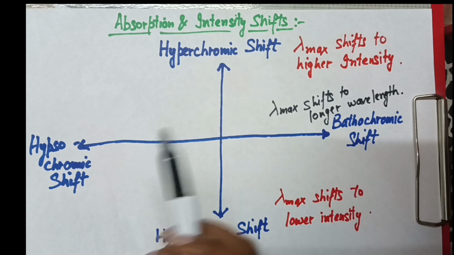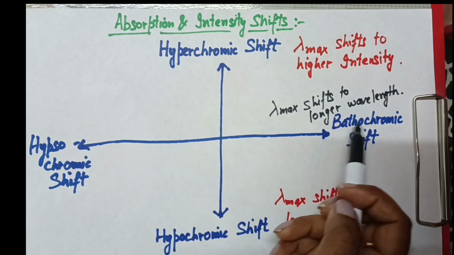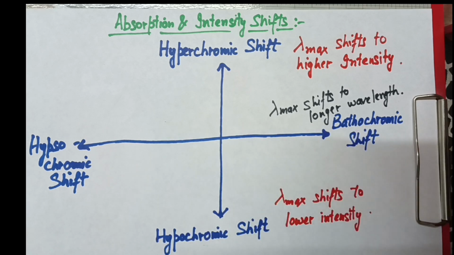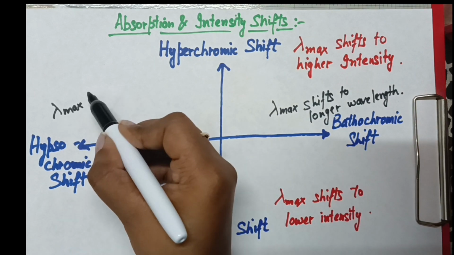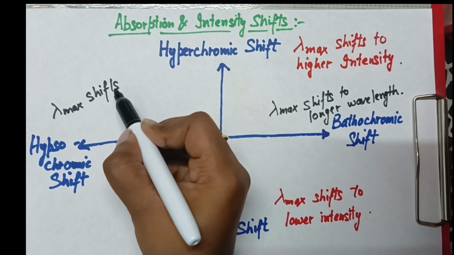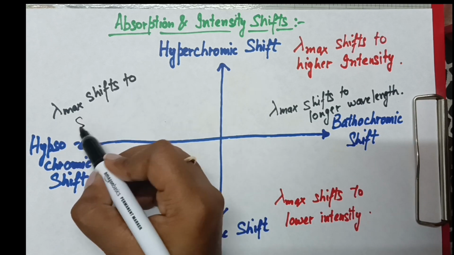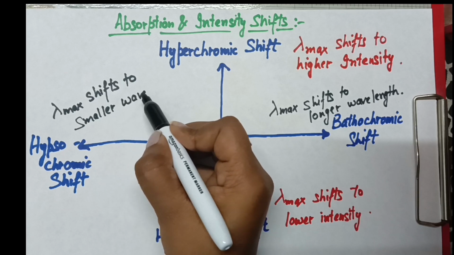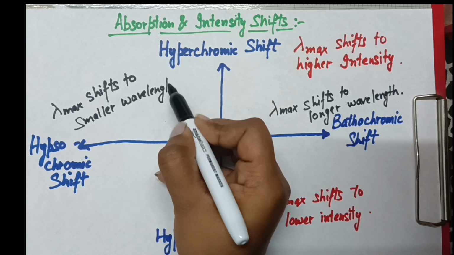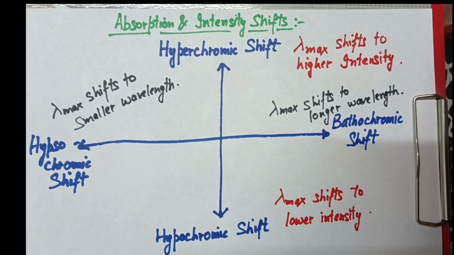And in hypsochromic shift, just the opposite, lambda max shifts to smaller wavelength. Now this is just a glimpse about these four types of shifts. We will study about them one by one.